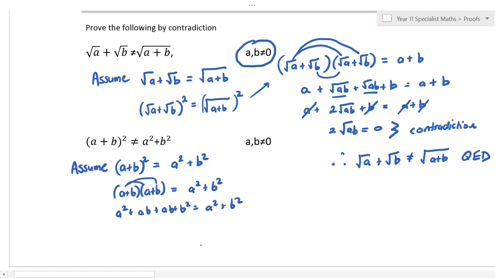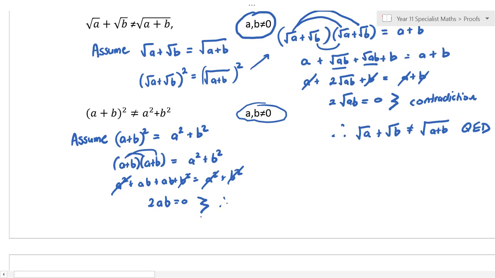Now, even then you can see, since A and B can't be 0, that's the important thing, we could do some cancelling out here, okay? And then we can say 2AB is equal to 0. Oh no, that's a contradiction.